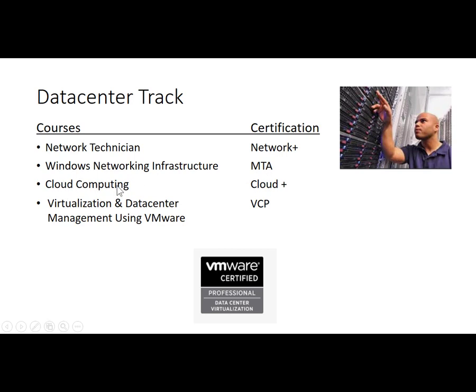The Cloud Computing course corresponds to the Cloud Plus certificate, and the Virtualization and Data Center Management course corresponds to the VMware certification. This track is made up of four certifications and it culminates with the VMware certification.